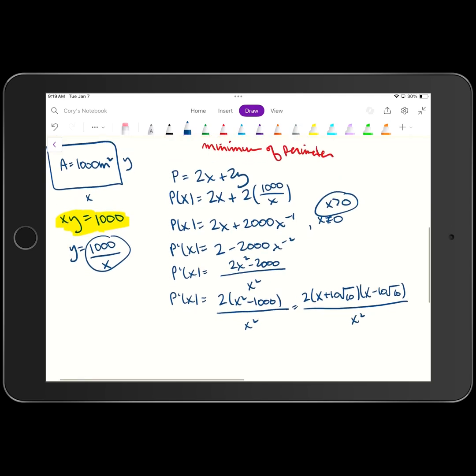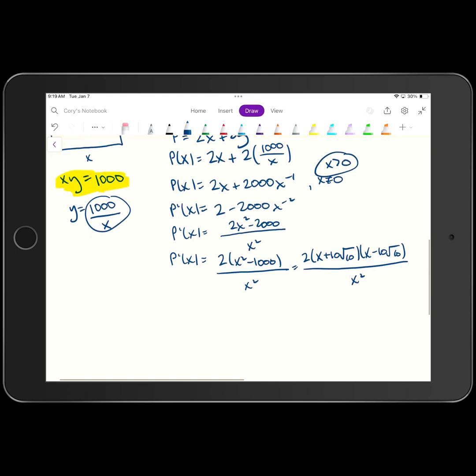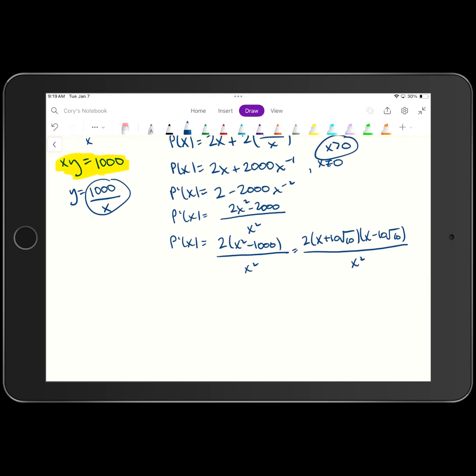Okay, so once I have that first derivative simplified completely, I can then determine my critical points. Those occur when the derivative is 0. That happens when the numerator is 0. So the first critical point is x equals negative 10 rad 10. The second critical point is x equals 10 rad 10. And then we also have critical points where the derivative is undefined. That happens when our denominator is 0, which occurs when x is equal to 0.